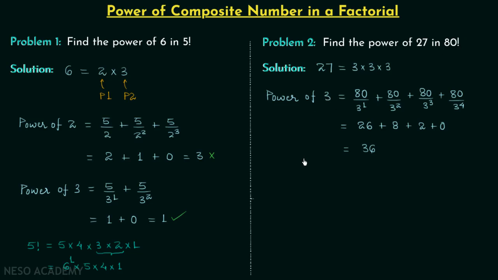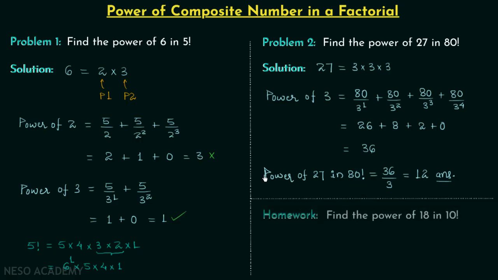And to have the highest power of 27, the composite number, in 80 factorial, we will divide 36 by 3. The highest power of 3 in 80 factorial divided by 3, because we have three 3's, this will give us 12 as our answer. So I hope this problem is clear to you.